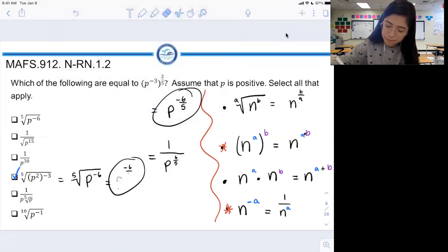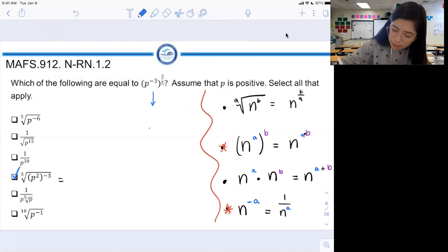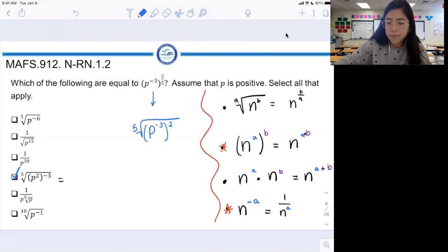How'd you do it? I took the expression at the top and then did it backwards. So you were like, 2 over 5 is the same as p to the -3, and 2 over 5 turns into that.